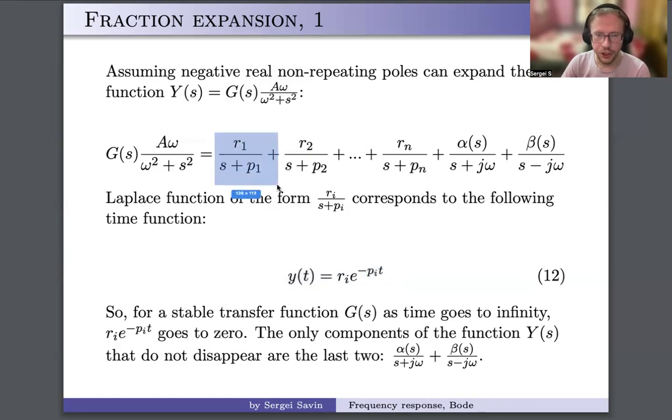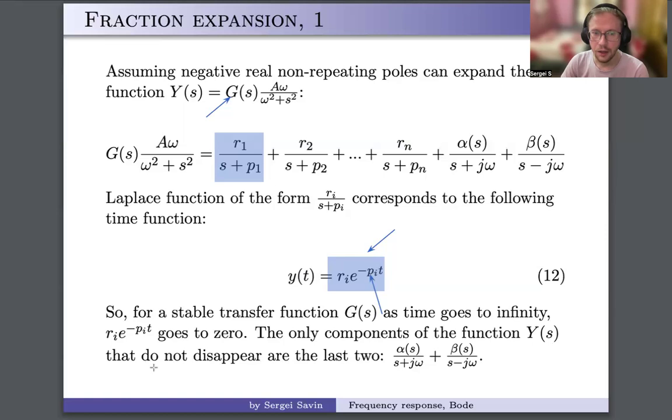All right, so each of those will be transformed into this form by inverse Laplace transform. Now, if the system is stable, and we are going to assume that G(s) is stable, that means all of those individual components of the solution are going to tend to 0. In particular, it means that minus pi together will give us a negative number, so pi would have to be positive.